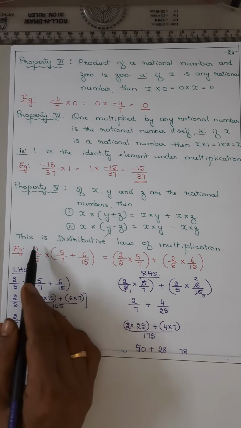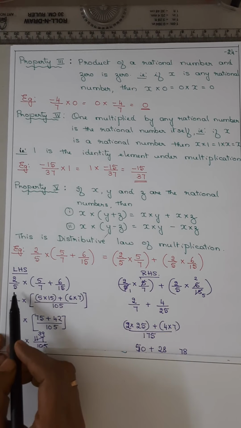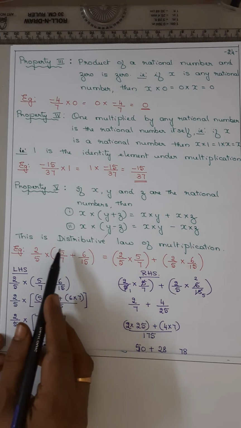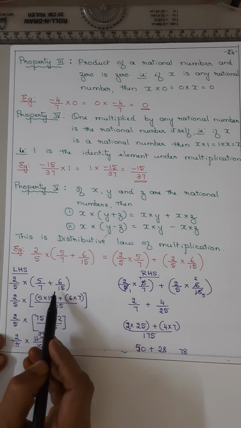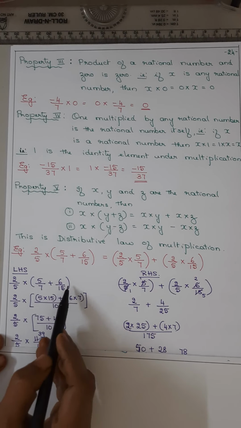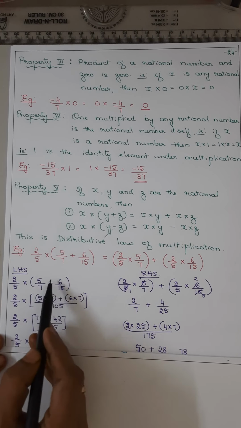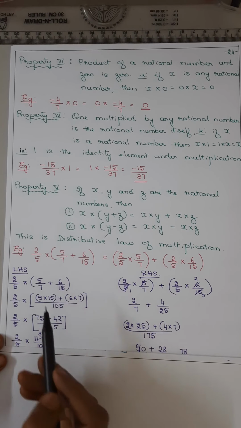We will solve this one: 2 by 5 into (5 by 7 plus 6 by 15). First we need to find the LCM. Why? Because it is addition.